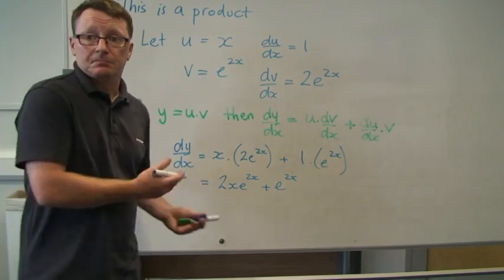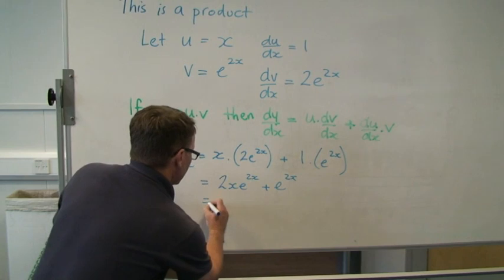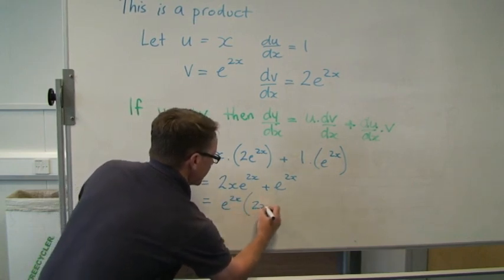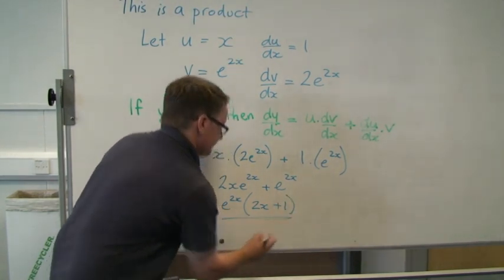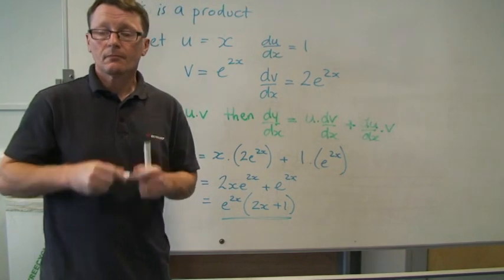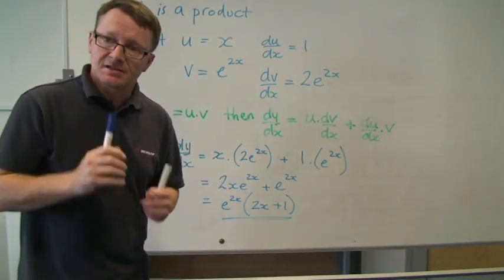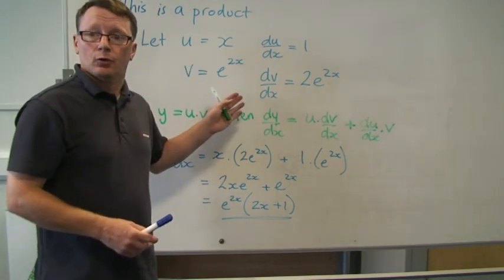And there's a simple factorisation there that we could use. If we take e to the 2x out as a factor, then we're left with e to the 2x times (2x plus 1). Straightforward, but the key to the whole problem lies in identifying that you have a product rule and laying out all of your work correctly.